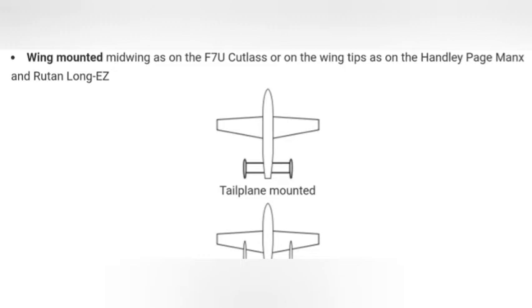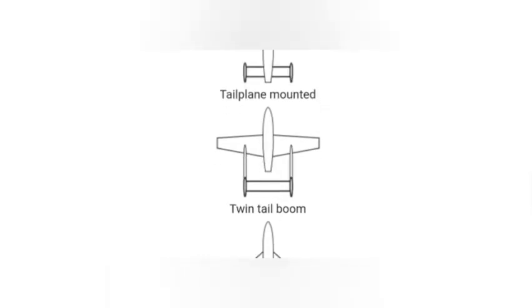Tail mounted, it is the H-tail at either side of the horizontal stabilizer. The vertical stabilizer is attached, also called vertical fins. This is twin tail boom.